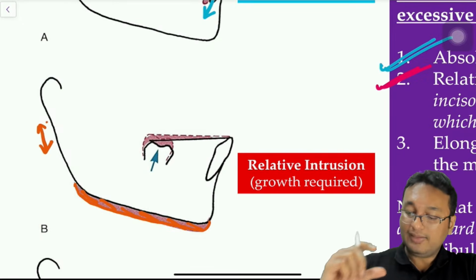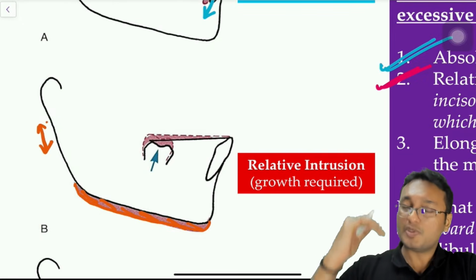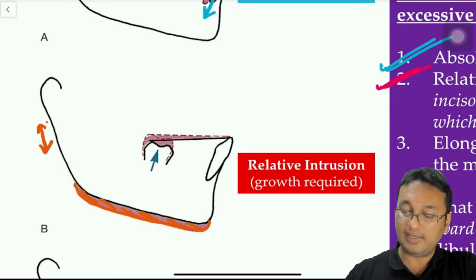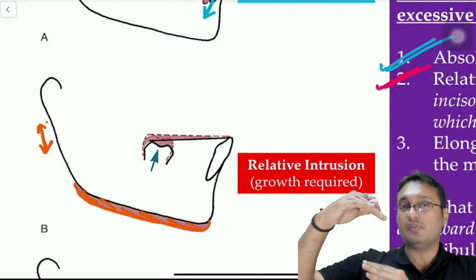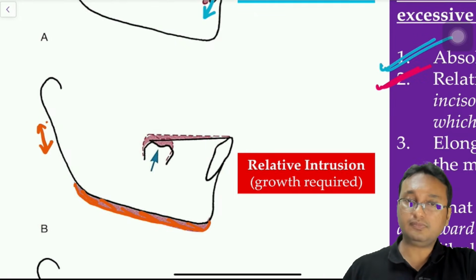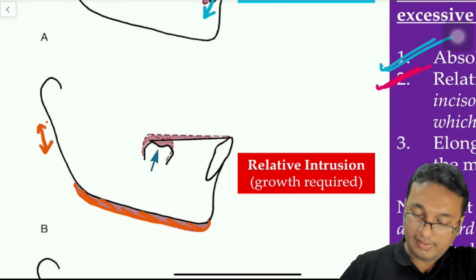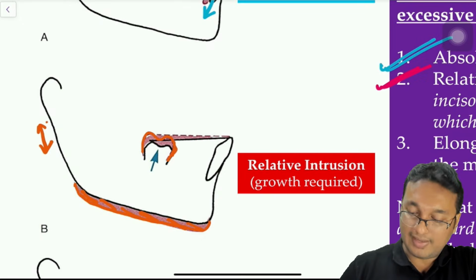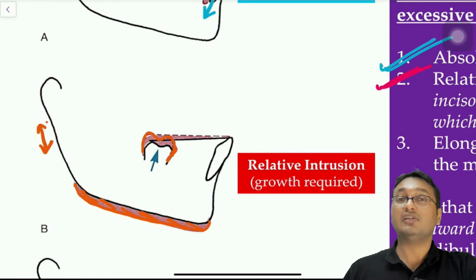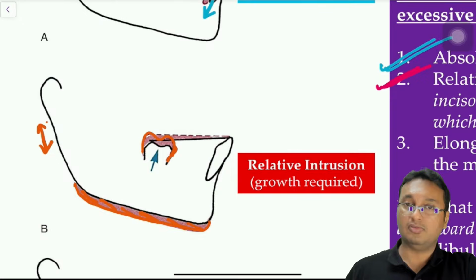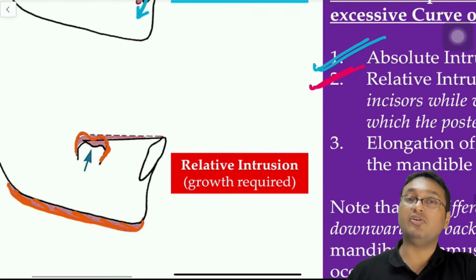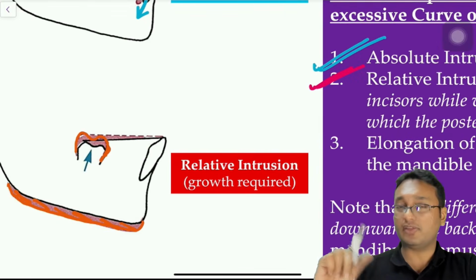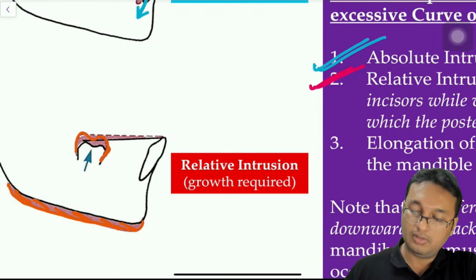And the exact amount of eruption of the molar is exactly the same as the vertical growth of the ramus. So this molar is erupting by exactly the same amount by which the vertical growth of the ramus has occurred. That is known as relative intrusion. It's not extrusion, it's relative intrusion.